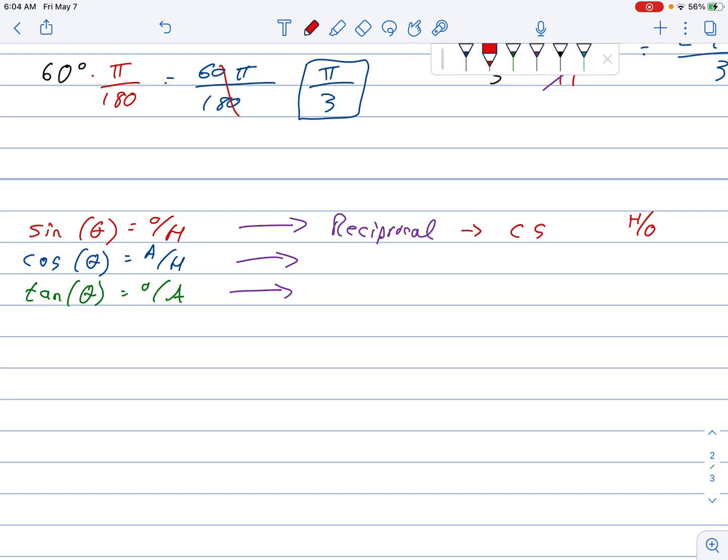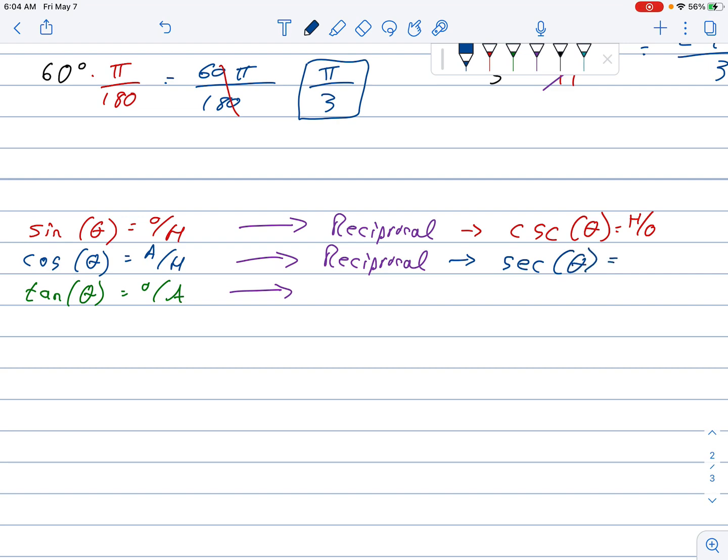It's called cosecant. And that matches with sine. Just like sine and cosine, this is cosecant. Well, what's the reciprocal of cosine, which we'll have to memorize eventually? Well, that is secant.